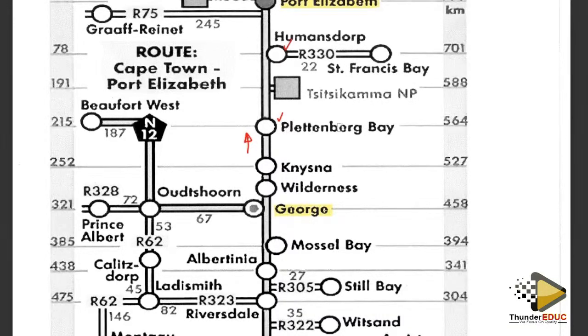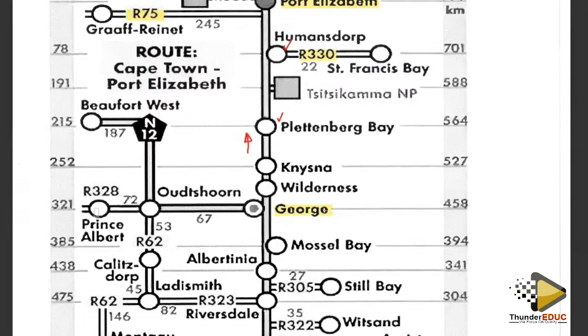Which regional route will she pass when she's traveling between George and PE? So there's this one here that turns off this side. She passes it, okay, also they have the 75 here.